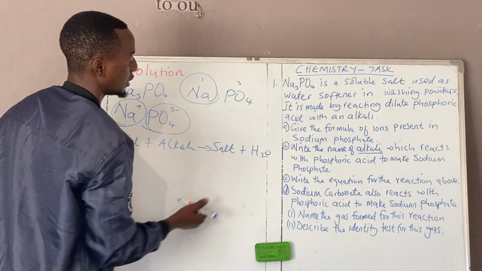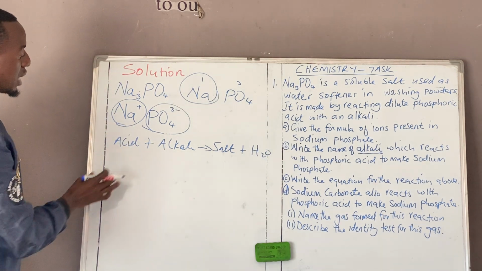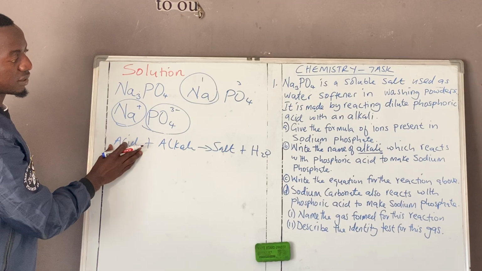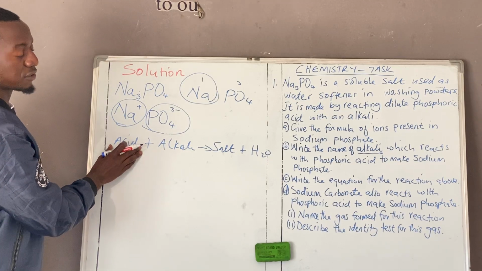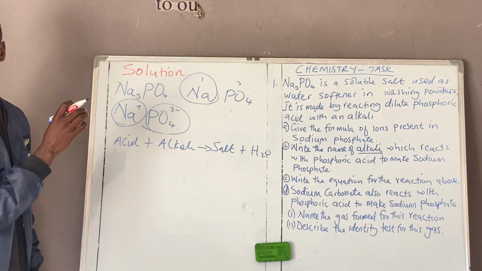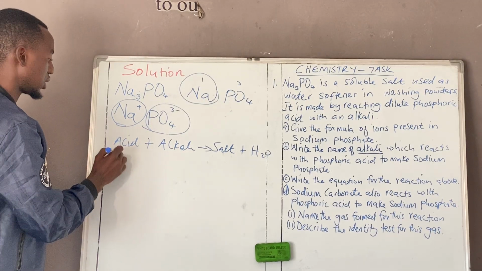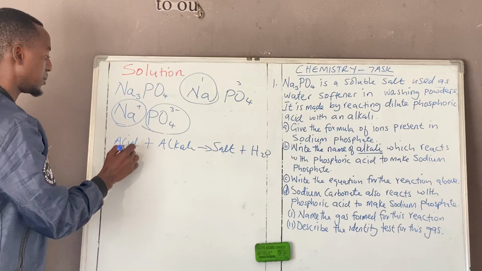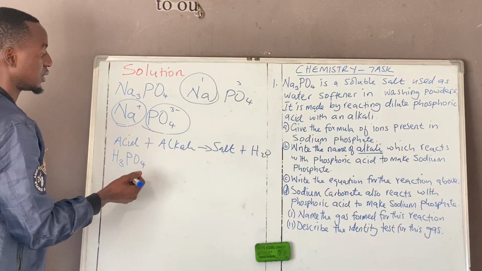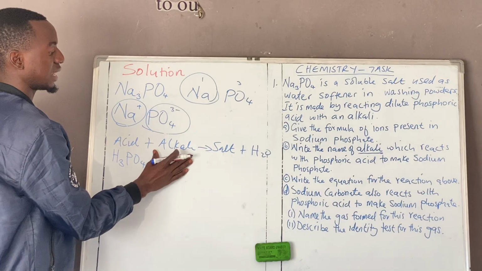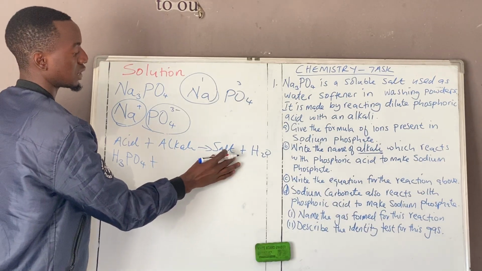So salt plus water this side. Now in this case, the acid, are we given the acid there? What is the acid given? Phosphoric acid. So how do we write phosphoric acid? H3PO4. Then the name, so let's keep the alkaline and go to the salt.